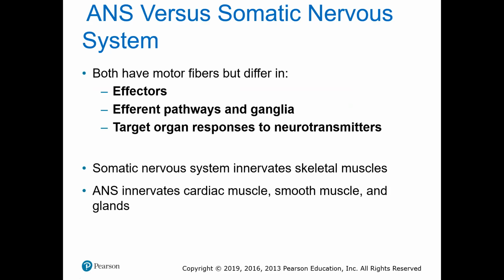However, there are differences in the effectors. The autonomic system doesn't have anything to do with skeletal muscle. Somatic has nothing to do with cardiac or smooth muscle. Some neurotransmitters are going to be similar, but some are going to be completely different. We're going to use different neurotransmitters here with different outcomes also.